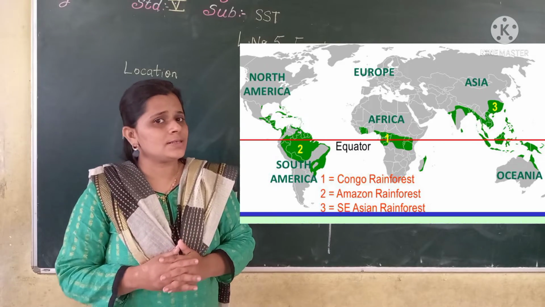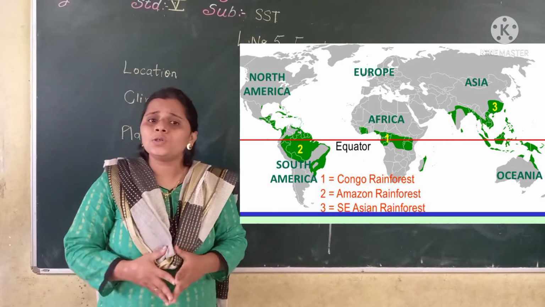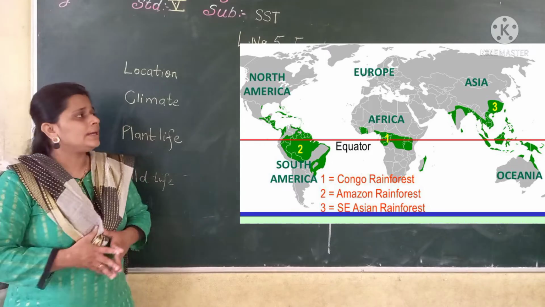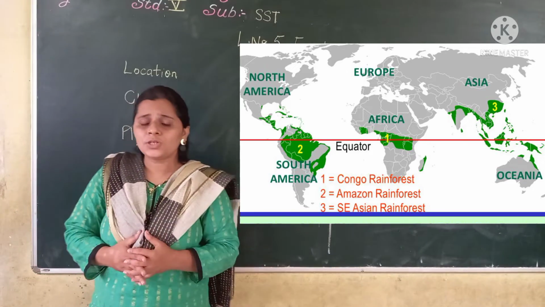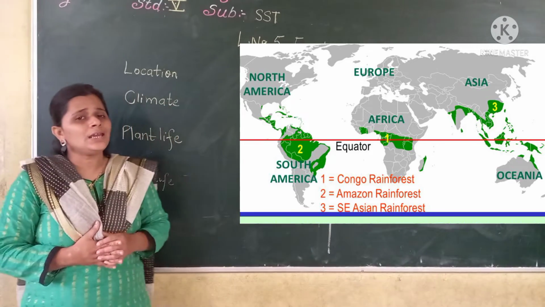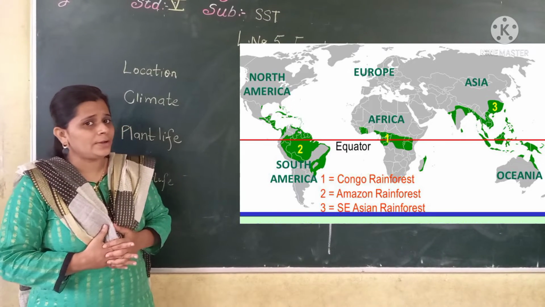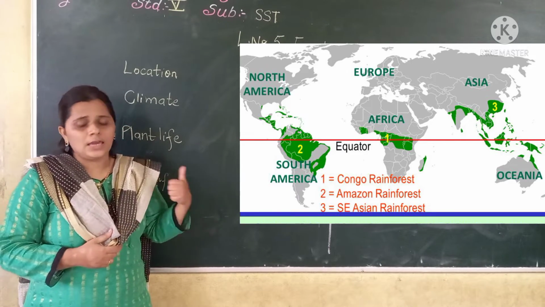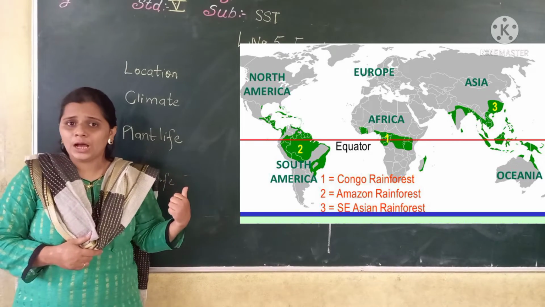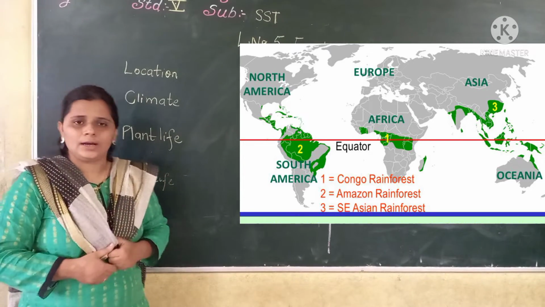This we discussed in the last class. We also discussed that this equatorial forest region is spread over 3 continents. Which 3 continents? Asia, Africa and South America, right?